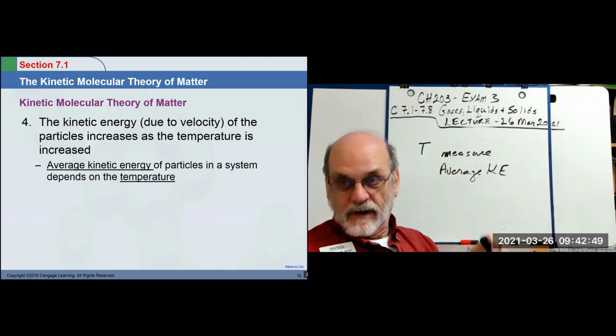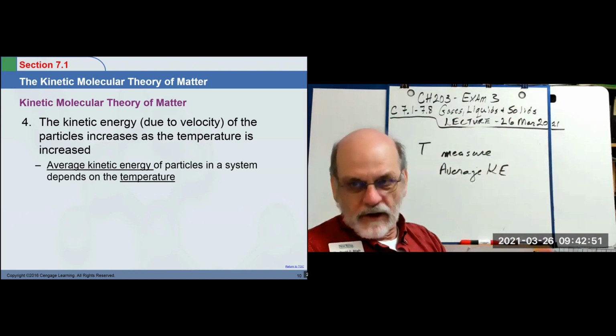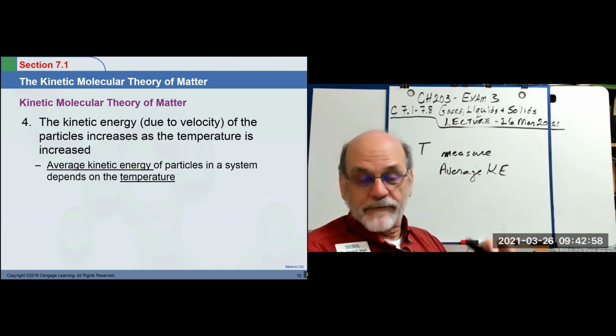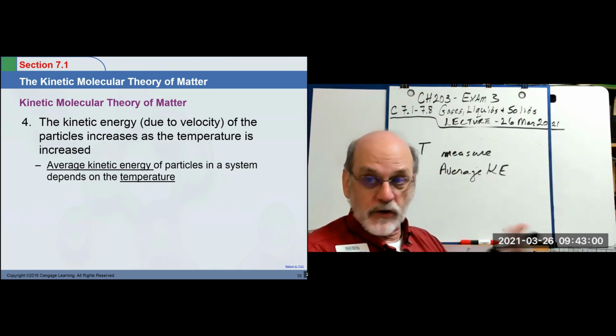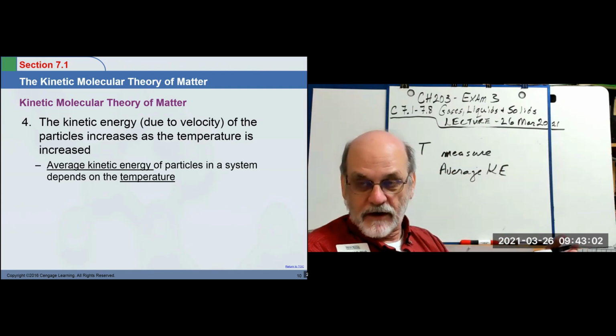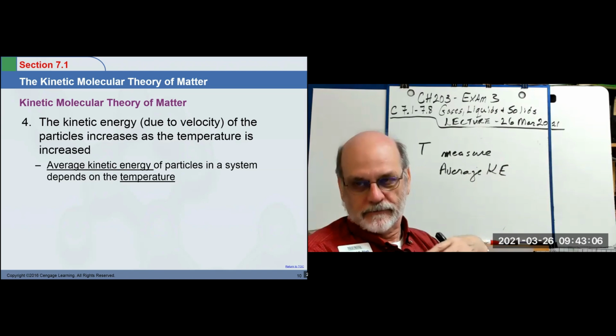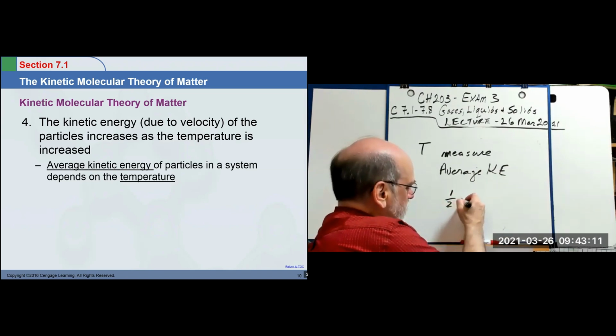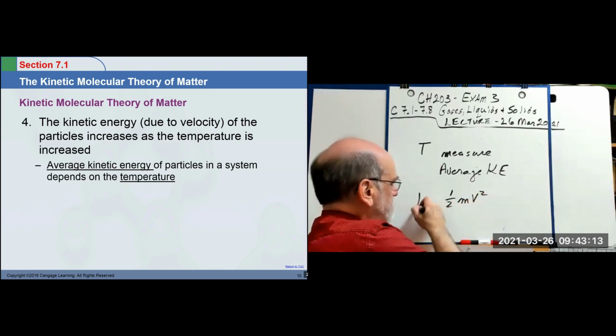Okay? Remember, we've got large numbers of particles, but they're not all moving at the same velocity. And if it's not a pure substance, say it's a mixture, then of course the heavier ones for the same energy will be moving slower, right? Based on this, 1/2 mv squared.